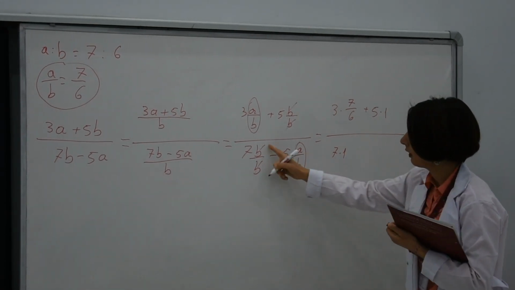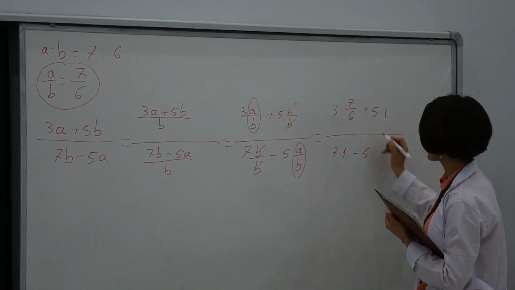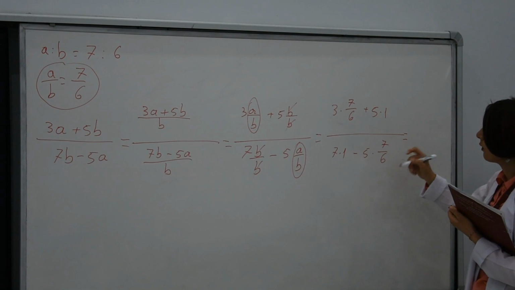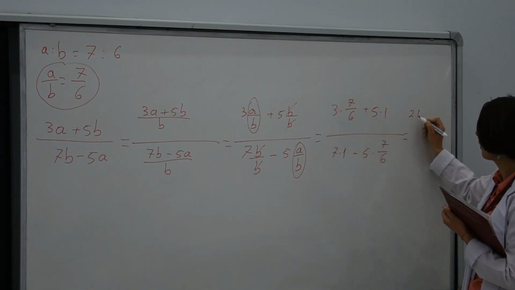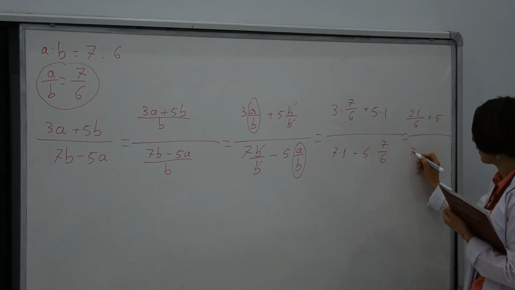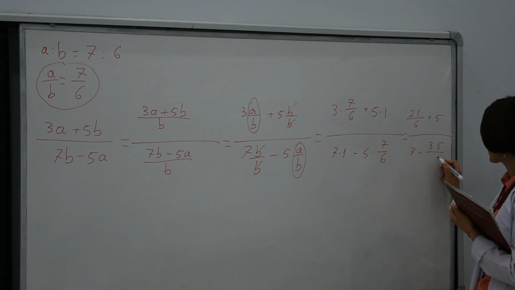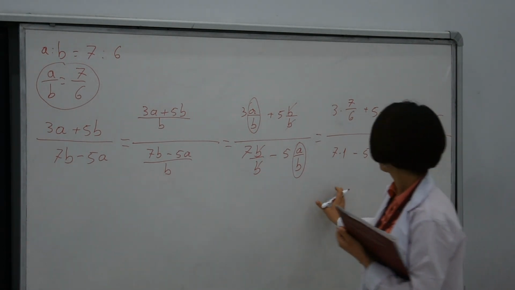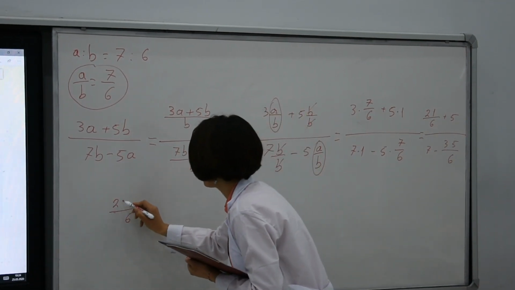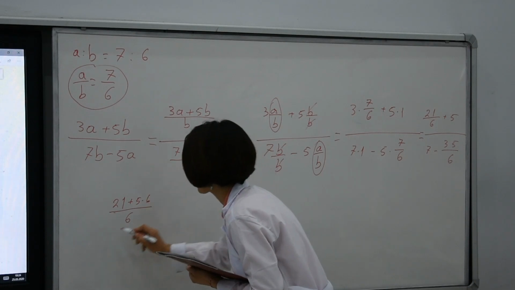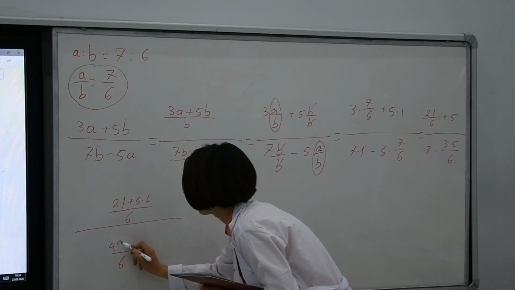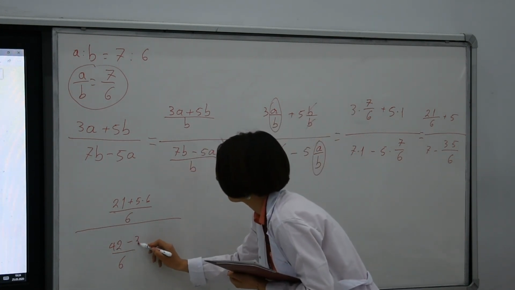7 times 1 again, minus 5 times 7 over 6. And if I continue again, 3 times 7, 21 over 6, plus 5 over 7 minus 35 over 6. Okay? Then, if I keep continuing, it's going to be 21 plus 5 times 6 over 42 minus 35.